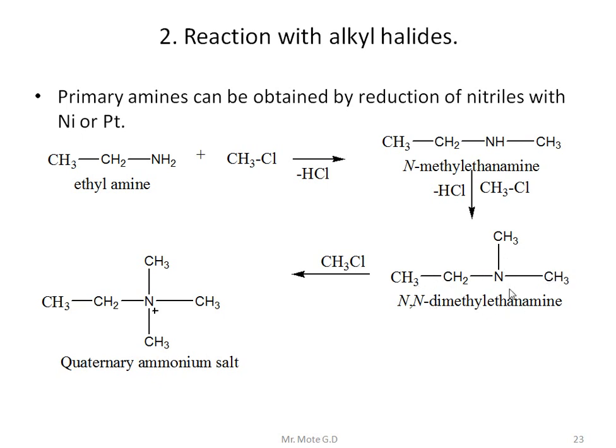This is a tertiary amine, and this tertiary amine again treated with methyl chloride to form quaternary ammonium salt. Simply, primary amine converted into secondary amine, and secondary amine converted into tertiary amine, and tertiary amine converted into the quaternary amine, simply with the help of alkylation, and alkylation done with the help of alkyl chloride.